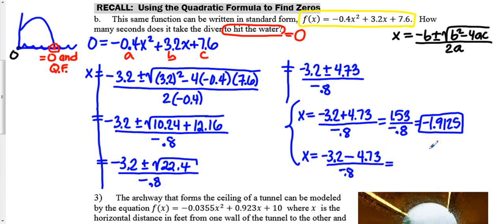Coming over here, negative 3.2 minus 4.73, we get negative 7.93 divided by negative 0.8 is 9.9125.